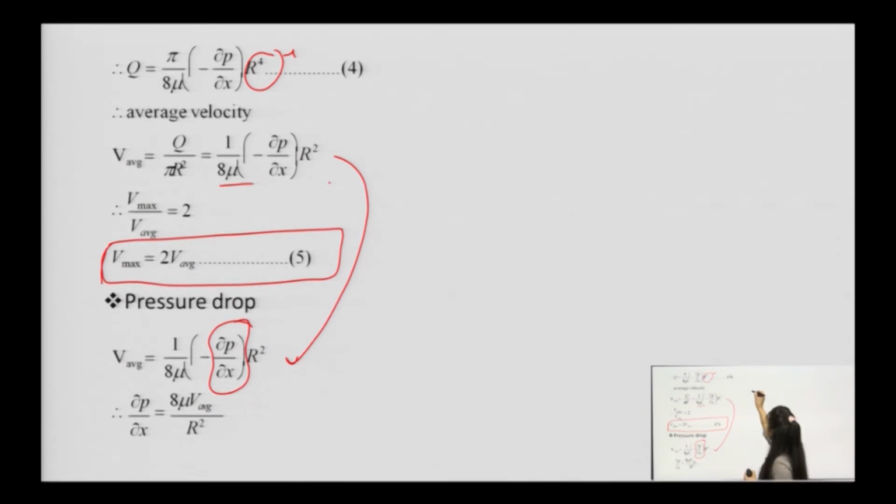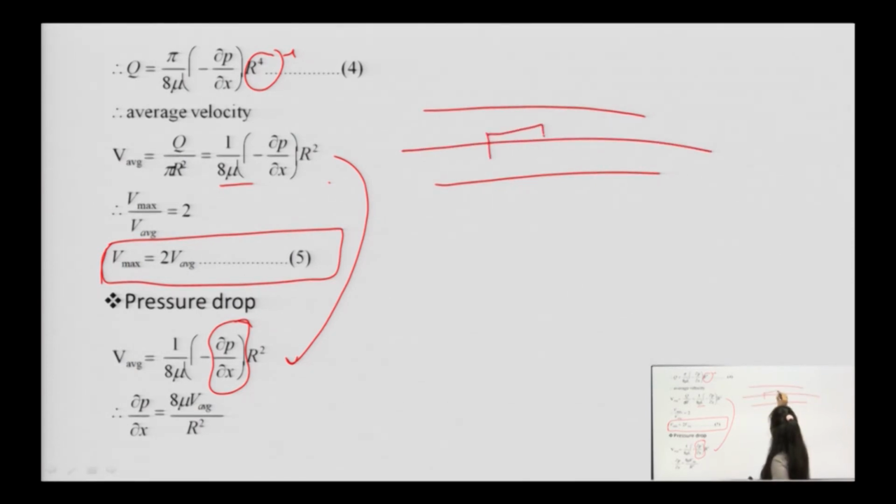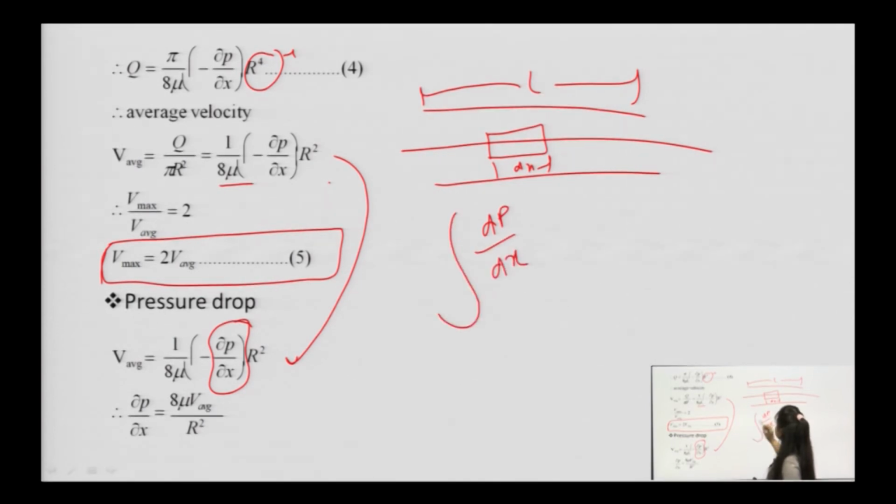If you see, this is the entire section, and this is the central line, and this is the length of the pipe, this is for dx. So, the change in pressure with respect to dx, if you integrate it, then this dx will be converted into the entire length L.